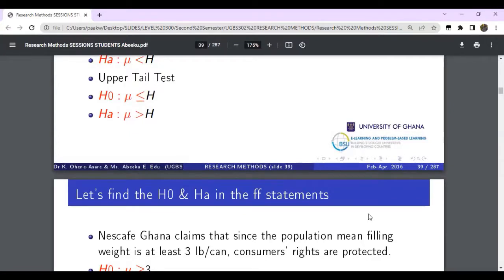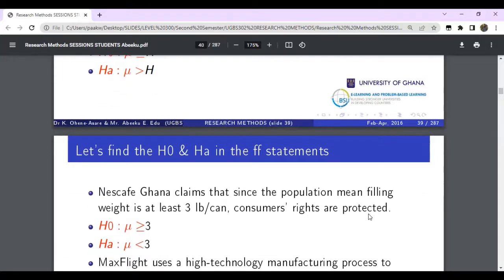Okay, so H0 is such that mu is greater than or equal to 3. So if H0 is saying mu is greater than or equal to 3, what will be HA? Since HA challenges the H0, then it will say that mu is less than 3. The alternate hypothesis never contains the equality sign, so it's only less than. So that's what we are seeing here.